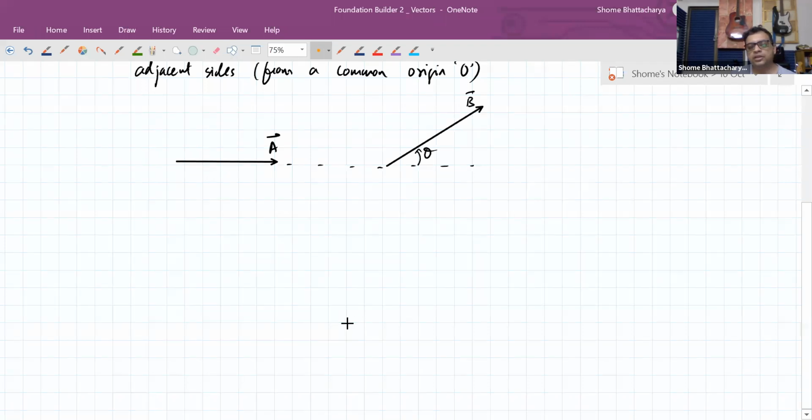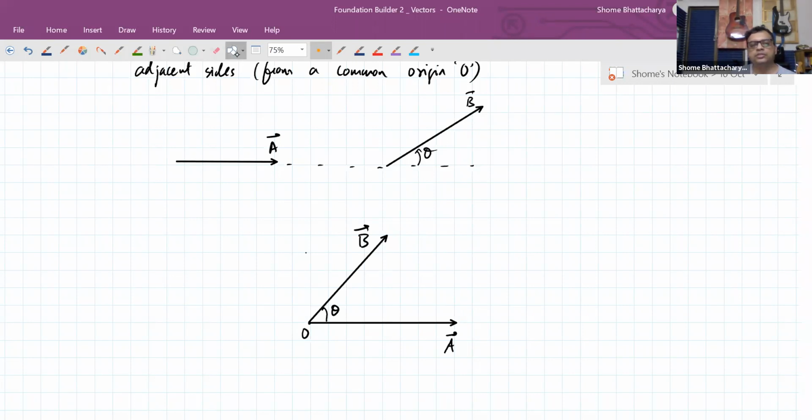So instead of drawing A and B head to tail like we used to do before, now we will draw A and B from a common origin. So from a common origin point, if we draw A and B and then complete a parallelogram by drawing the other two sides which are parallel.